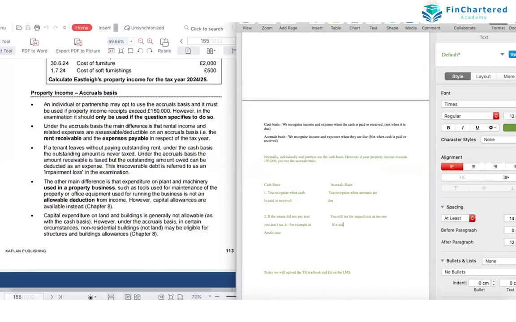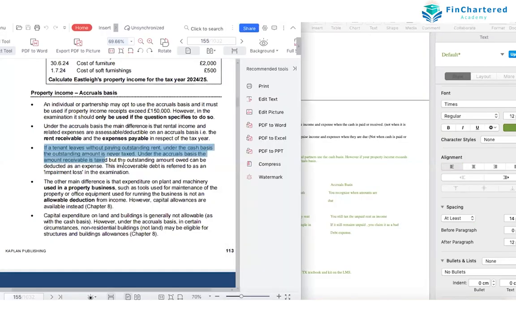If it still remains unpaid, then you claim it as a bad debt expense. Right? So that's the second difference.